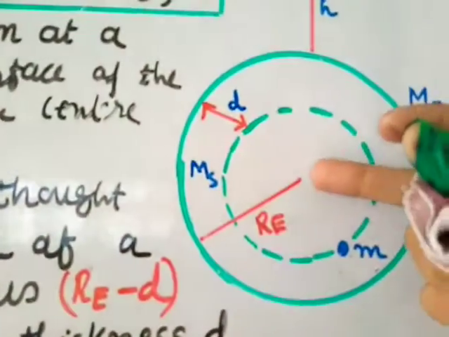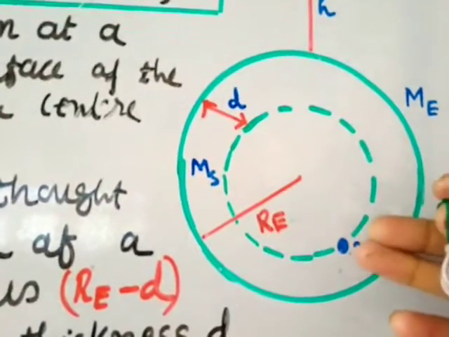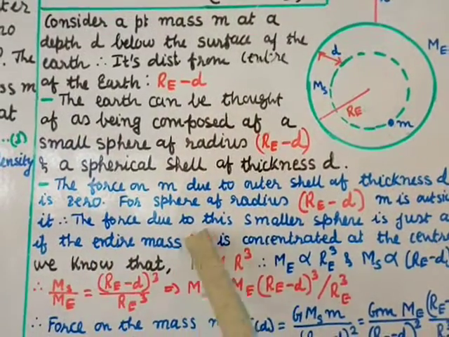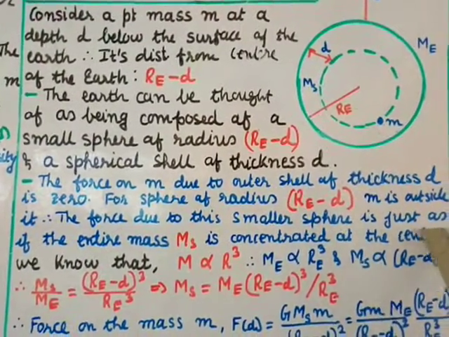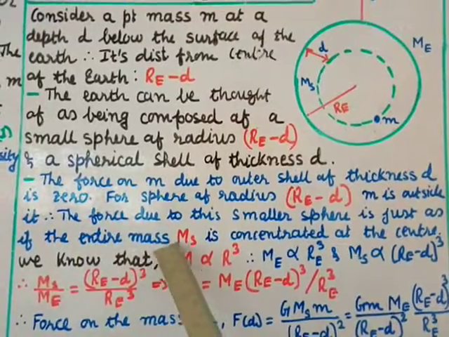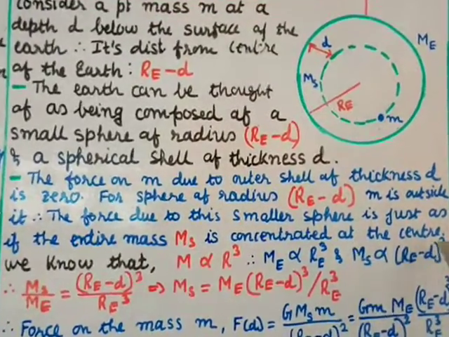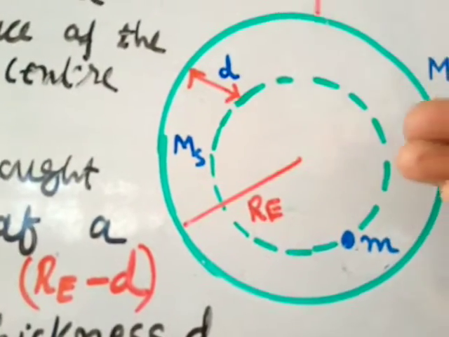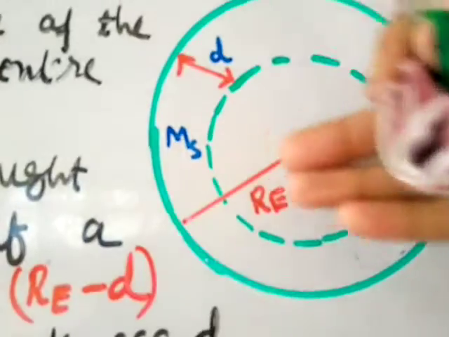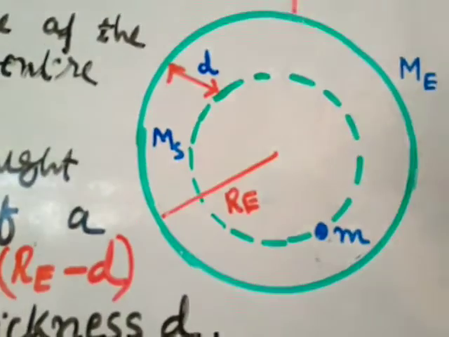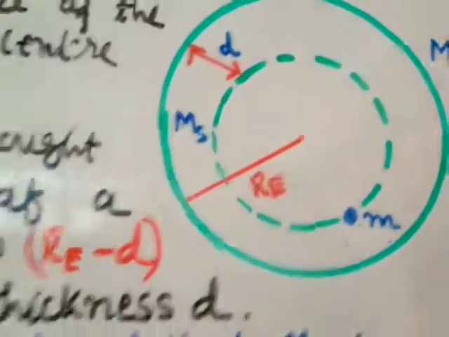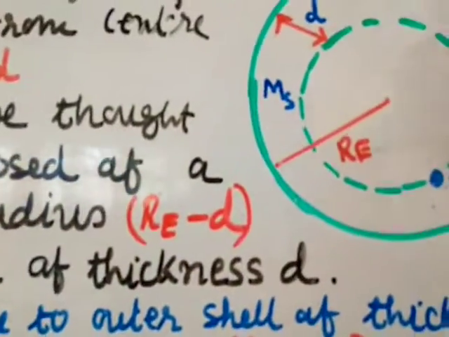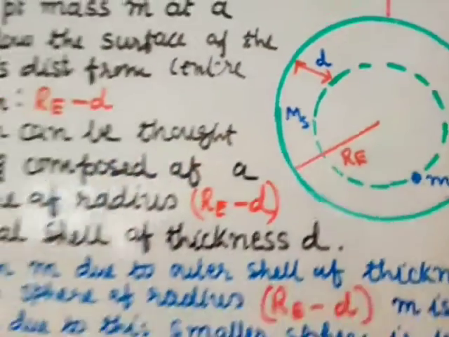Therefore the force due to this smaller sphere is just as if the entire mass Ms were concentrated at the center. So the mass of the smaller sphere, Ms, is considered concentrated at the center.